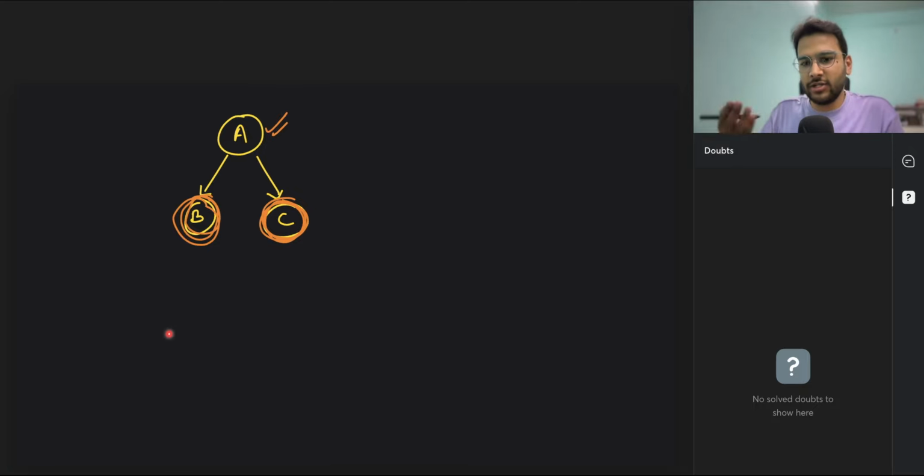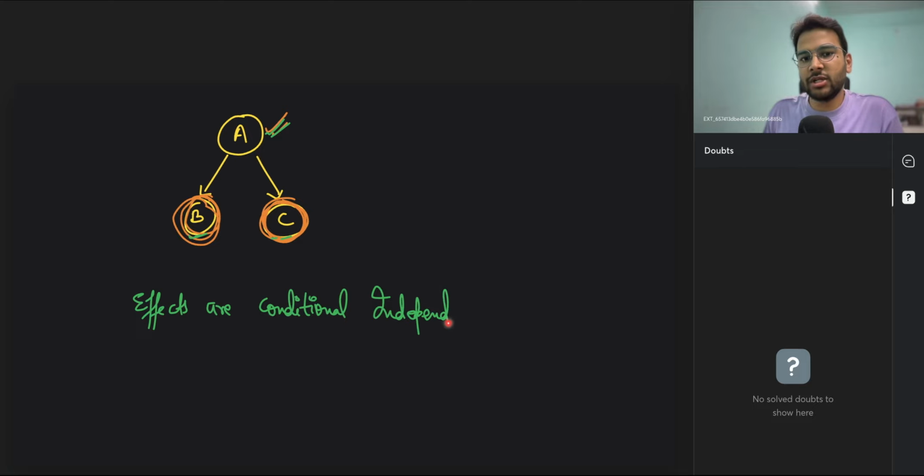Exactly. So in a general way, you can say that effects are conditional independent given cause.